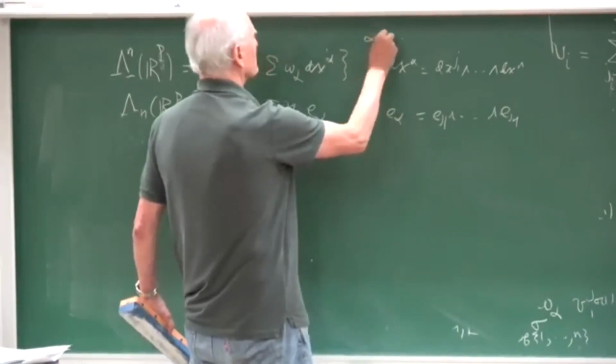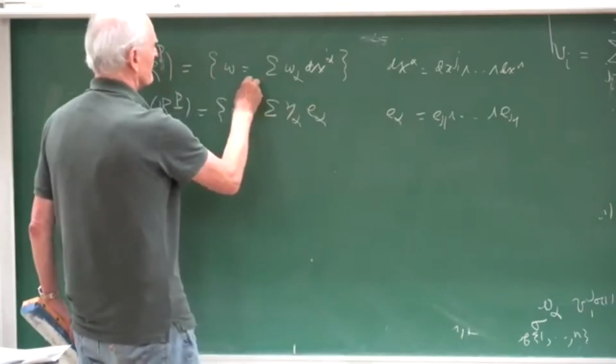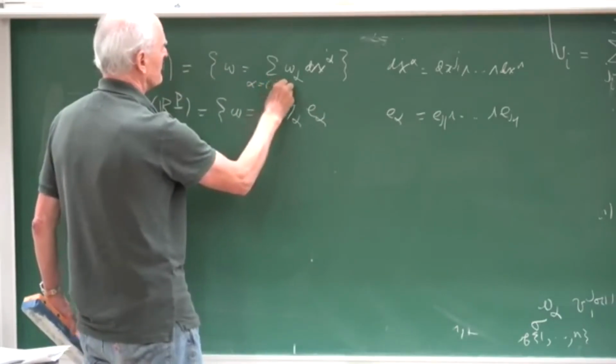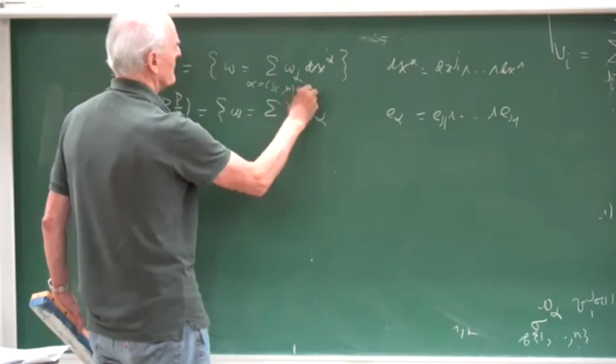And here each alpha is j1 up to jn in I n P.